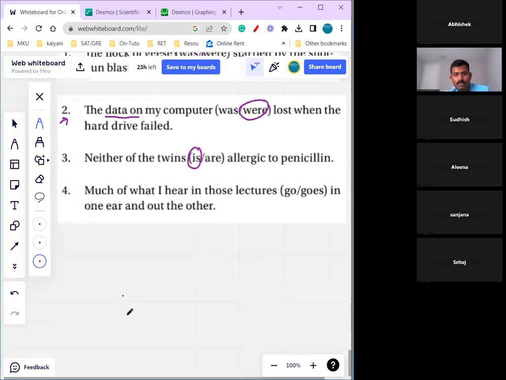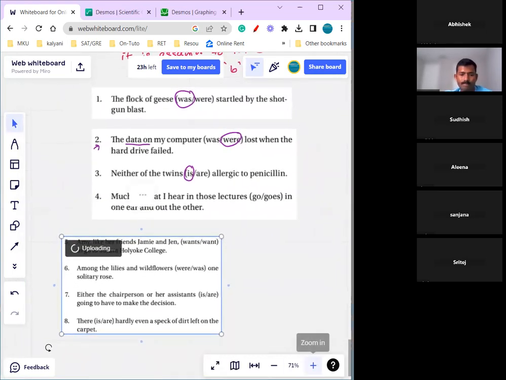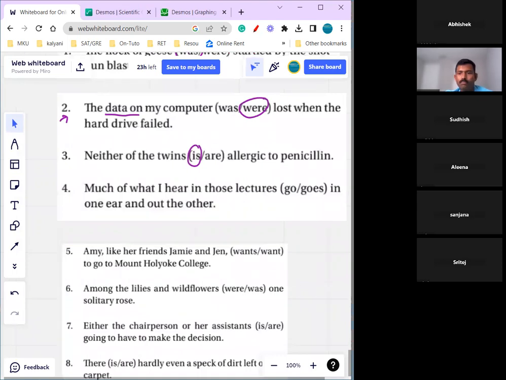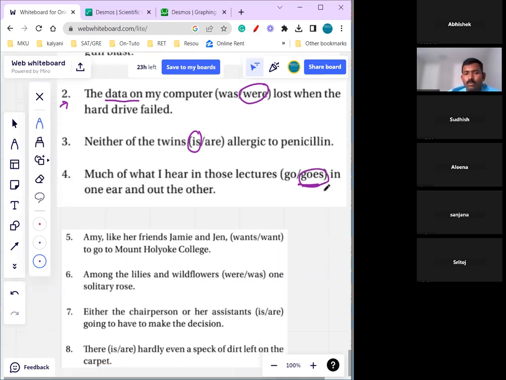Okay, number 4 looks good. So, much of what I hear in those lectures. The lectures are plural, but "much" is the subject, so it goes with "goes". Okay. Good work.